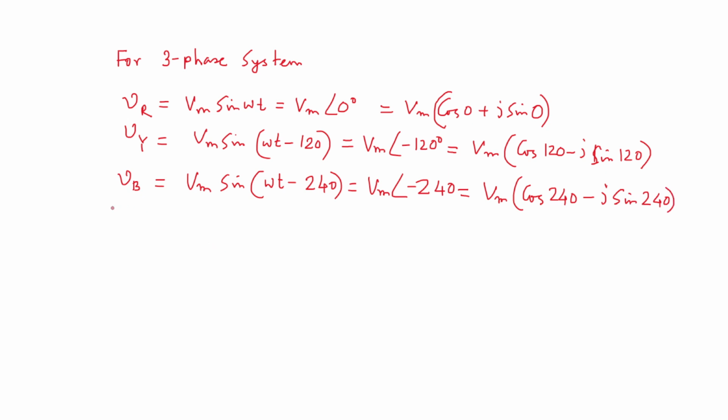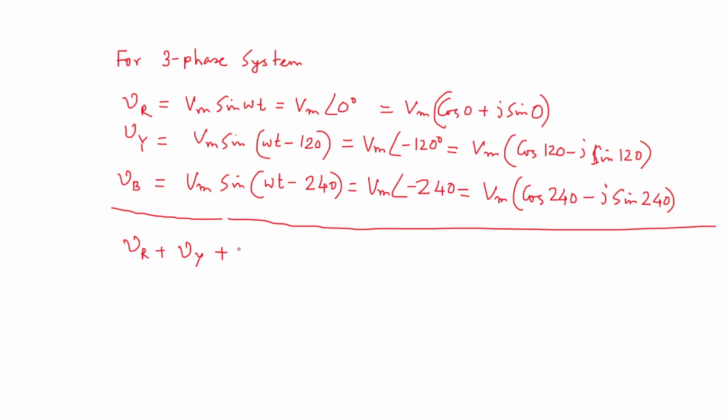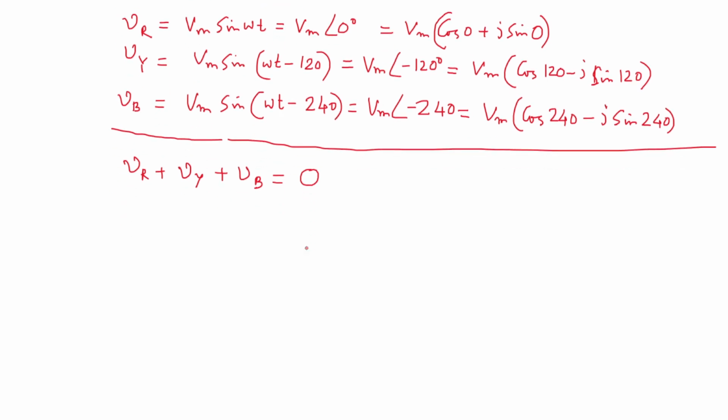So now if you add all these three, Vr plus Vy plus Vb, you will get 0. And that is a very important result.